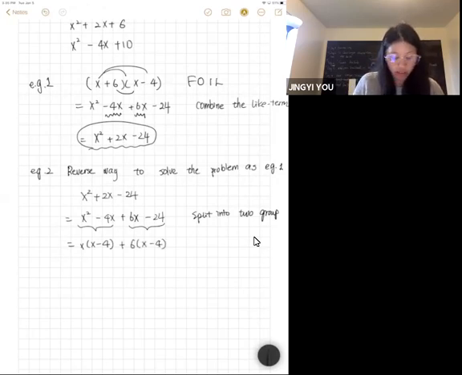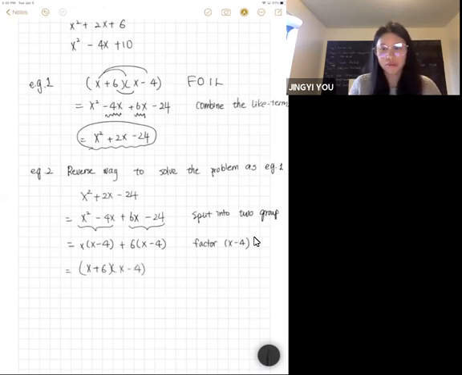Since they have the common factor x minus 4, we can factor out x minus 4. I have x plus 6 times x minus 4. Okay, so that's the reverse way.